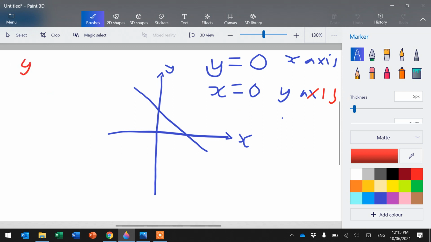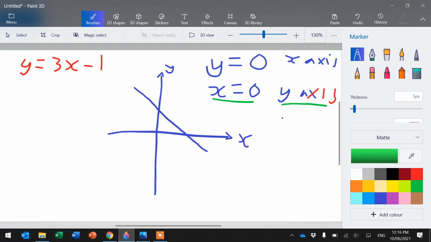y equals 3x minus 1. Okay, so we want to make both the y and the x 0 at different times. Again, we'll go a slightly different color to break it up a little. Let's go green. If we let x equal 0, that'll be the first thing we do, to get our y-axis intercept.